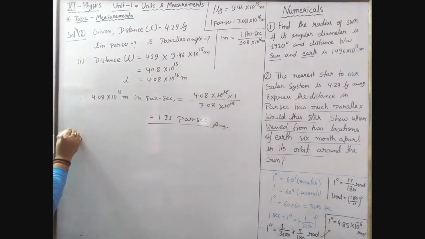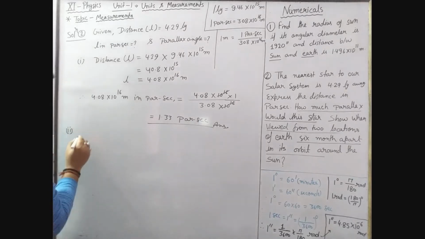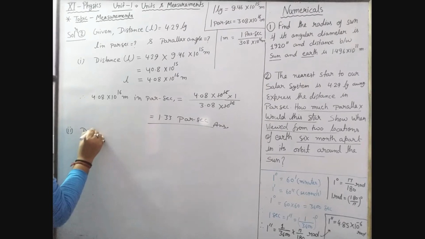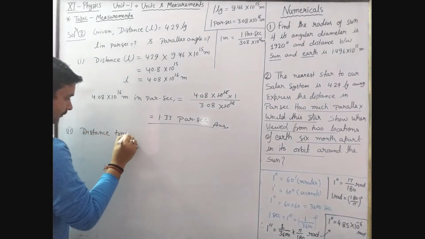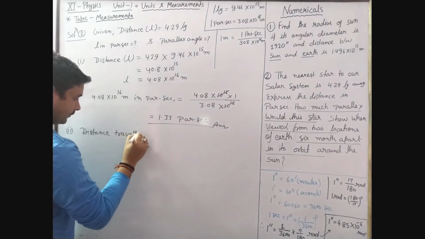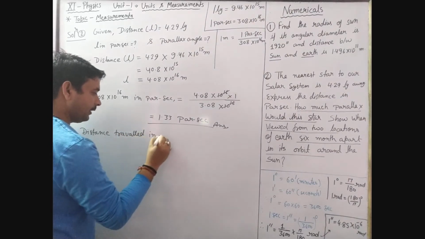For the second solution, first we need the distance traveled in 6 months.